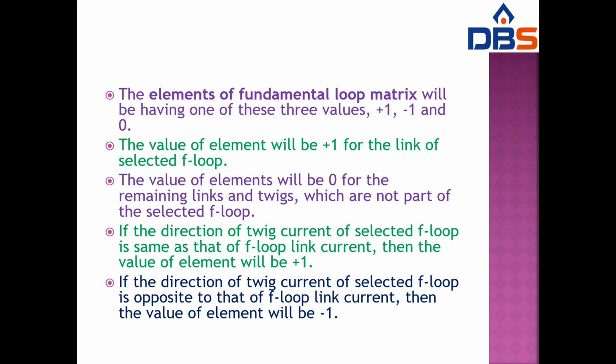So here you observe that the elements of the fundamental loop matrix will have one of these 3 values: plus 1, minus 1 and 0.